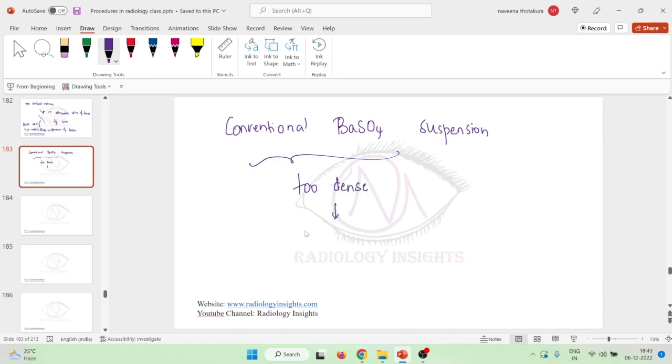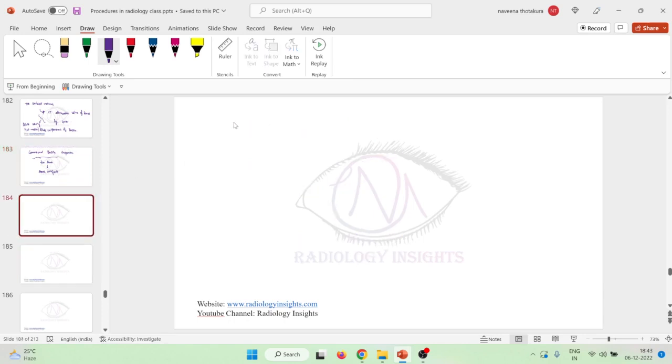Because of this high density, it can result in streak artifacts. So right now we are mainly using commercially available dilute 1 to 2% barium sulfate agents, with special suspending agents.